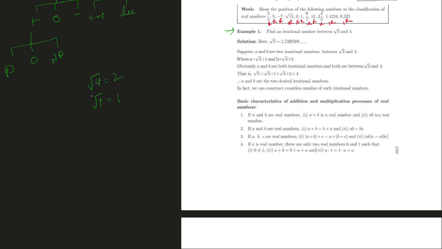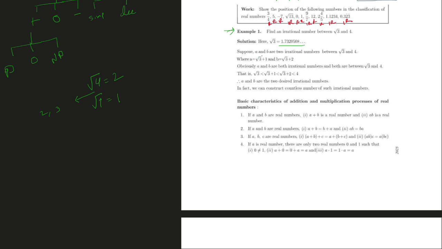So when we are asked to find any number, the root of any whole number between 1 and 4, that is 2 and 3, will end up as 1 point something. So here root 3 is equal to 1.73205008.